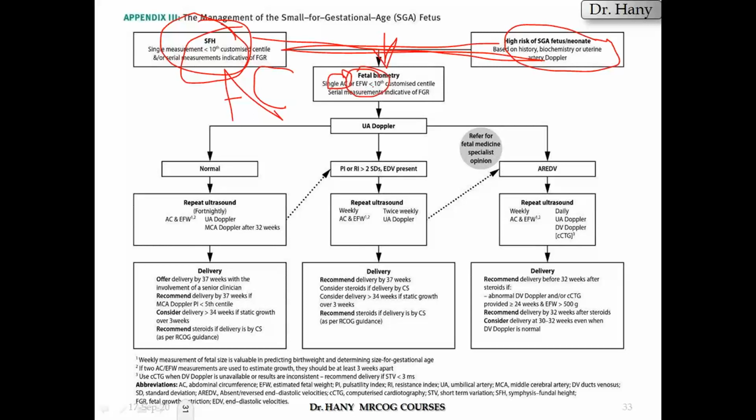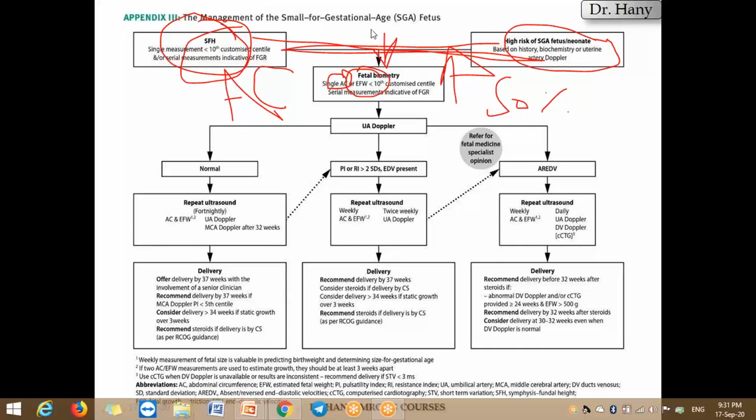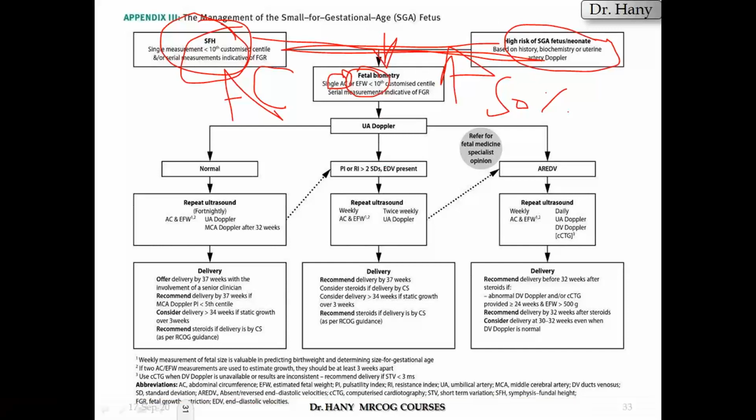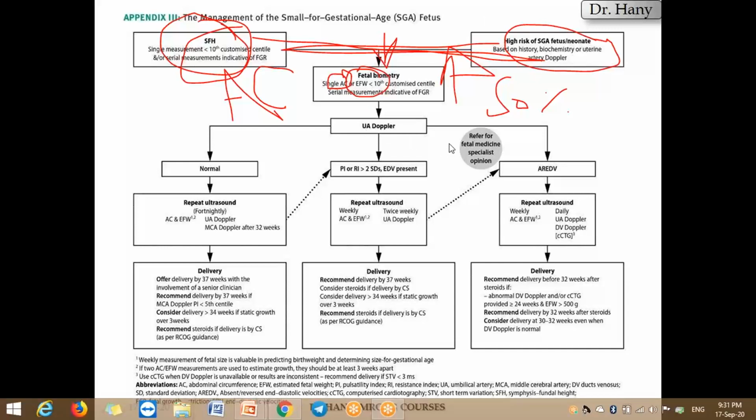Other than this, if the baby is more than the 10th centile, means on the 50th centile, or the growth is fine, so the baby is not small for gestational age, and you will forget to do this in the exam. That's why I stopped here. To follow this chart, the baby should be IUGR, small for gestational age, less than the 10th centile. Does this make sense? Okay? Clear? Yes, okay.